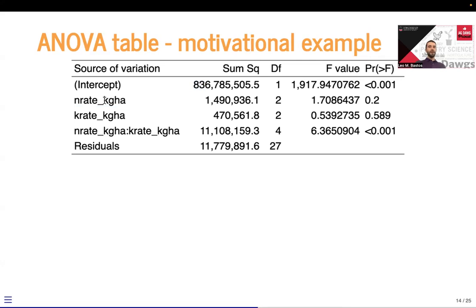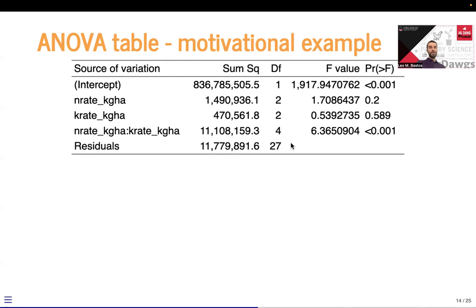Then we have the effect of nitrogen, with the sum of squares and 2 degrees of freedom. Here's the F value, here's the P value. The same for potassium rate, the same for the interaction, and finally here in R it's called residuals, but this is the error term, right? We don't have a mean square column in this ANOVA table coming from R, but the mean square of the error is what is being used to test the effect of each one of the other effects.